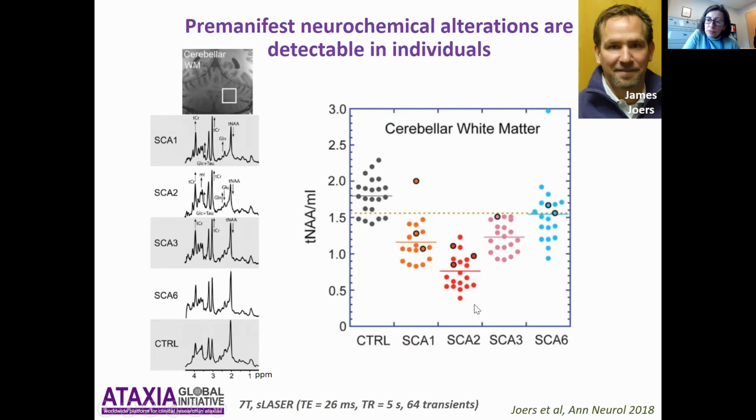And we found when we estimated their time to onset based on their CAG repeat length, those were the individuals who were 10 years from onset based on an estimate, who were already showing this neurochemical pattern that the symptomatic individuals were showing.